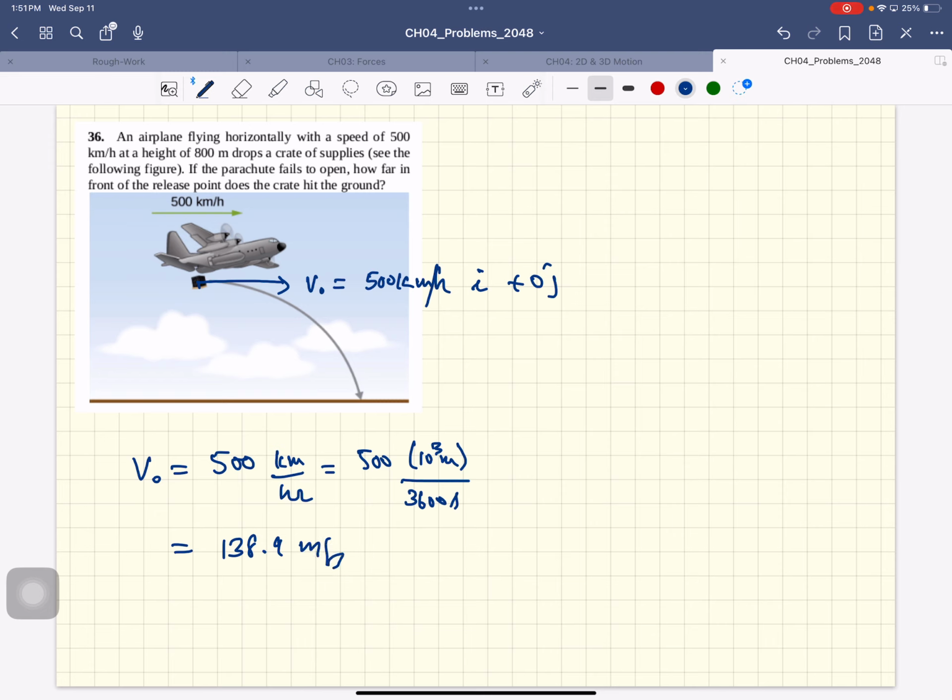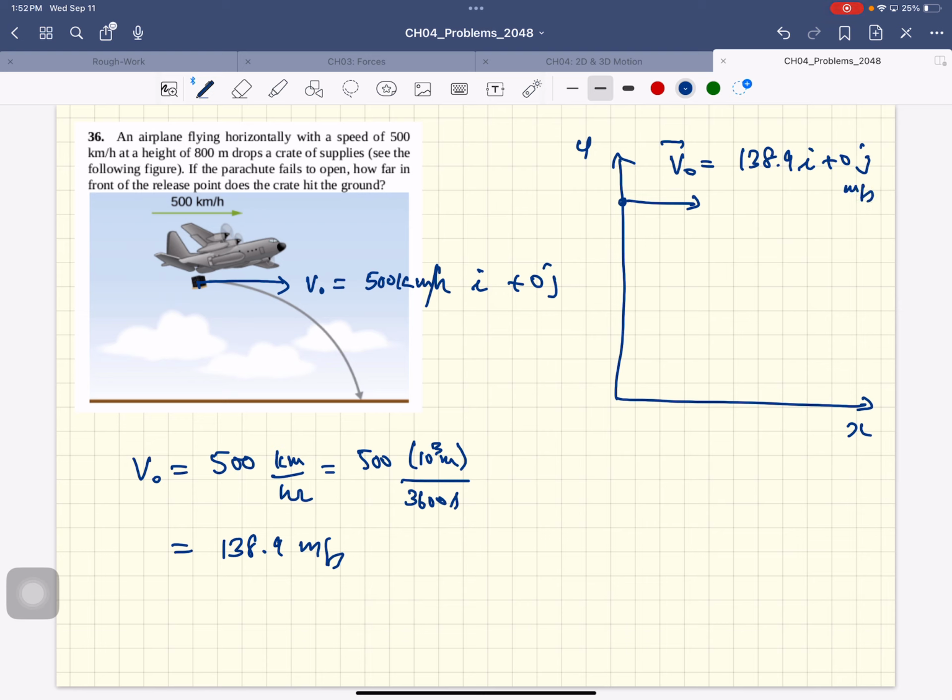All right, so now let's set up the problem. And that's in meters per second.